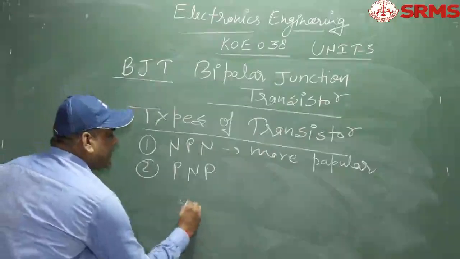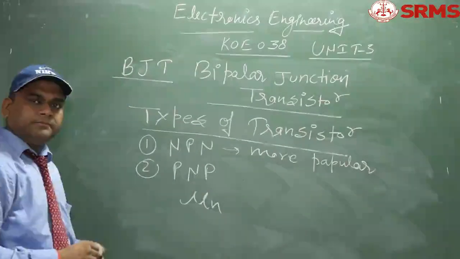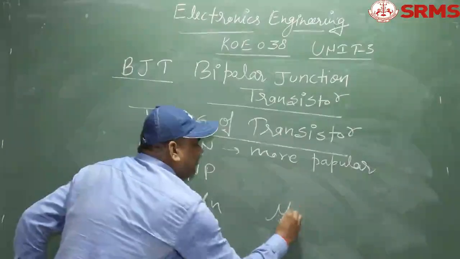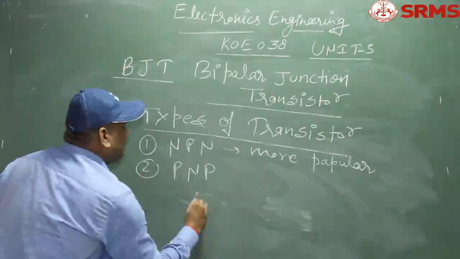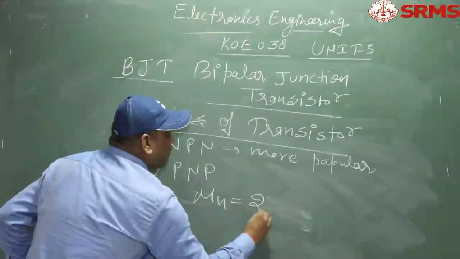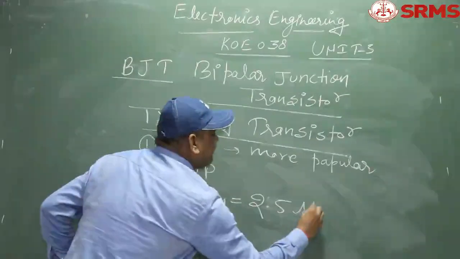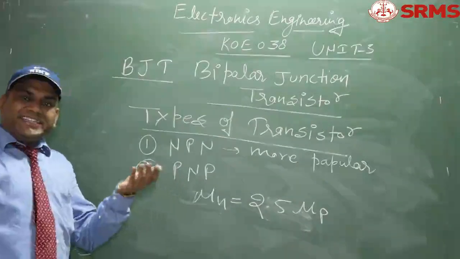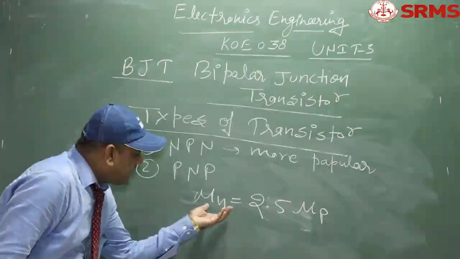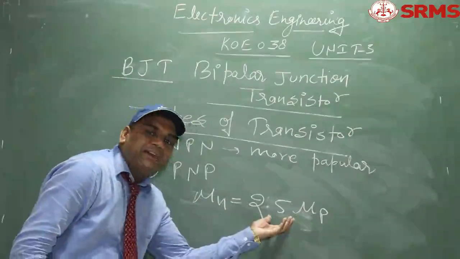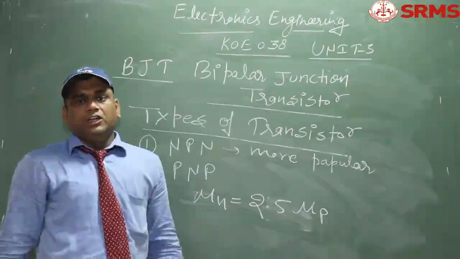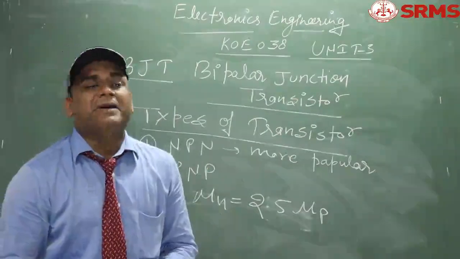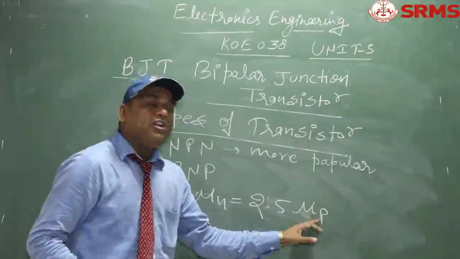If the mobility of electron is mu n and the mobility of holes is mu p, you can write the relationship as mu n equal to 2.5 times mu p. So the mobility of electron is approximately 2.5 times the mobility of holes. So electron mobility is much higher compared to the hole mobility.